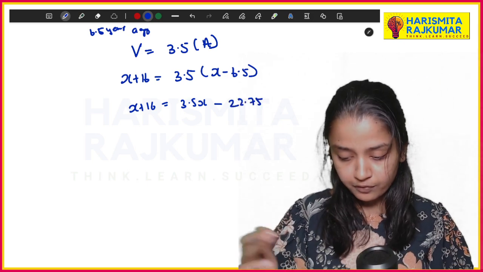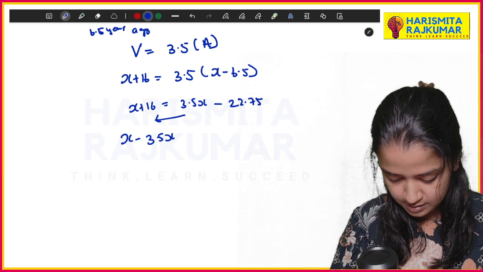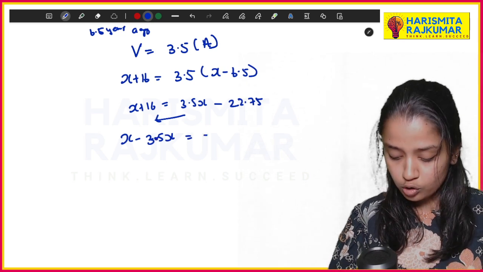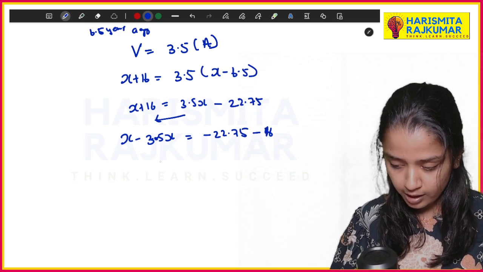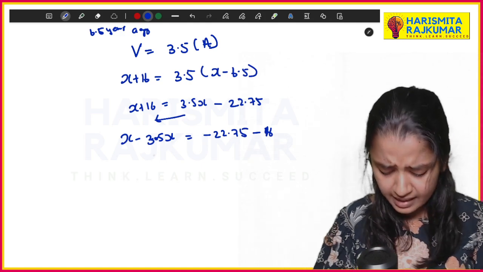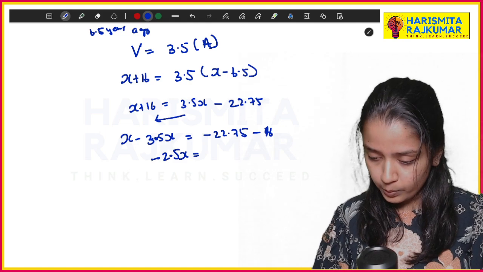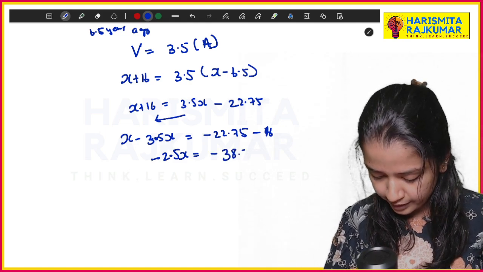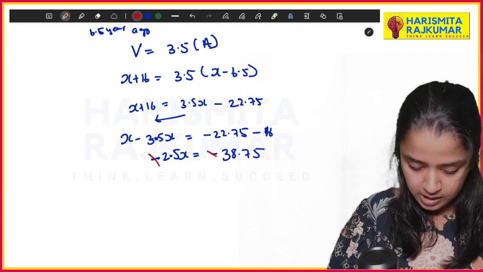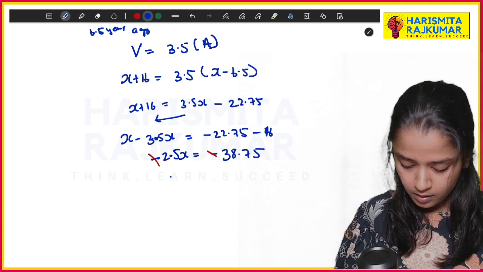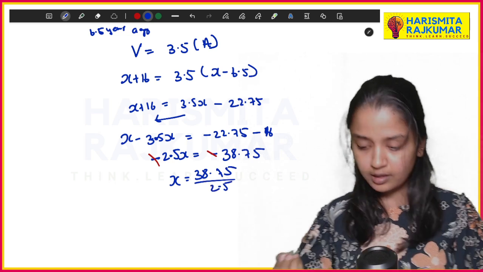Taking this to the other side, X minus 3.5X is equal to minus 22.75 minus 16. So I get minus 2.5X equals minus 38.75. The minus gets cancelled, so X is 38.75 by 2.5, which is 15.5.